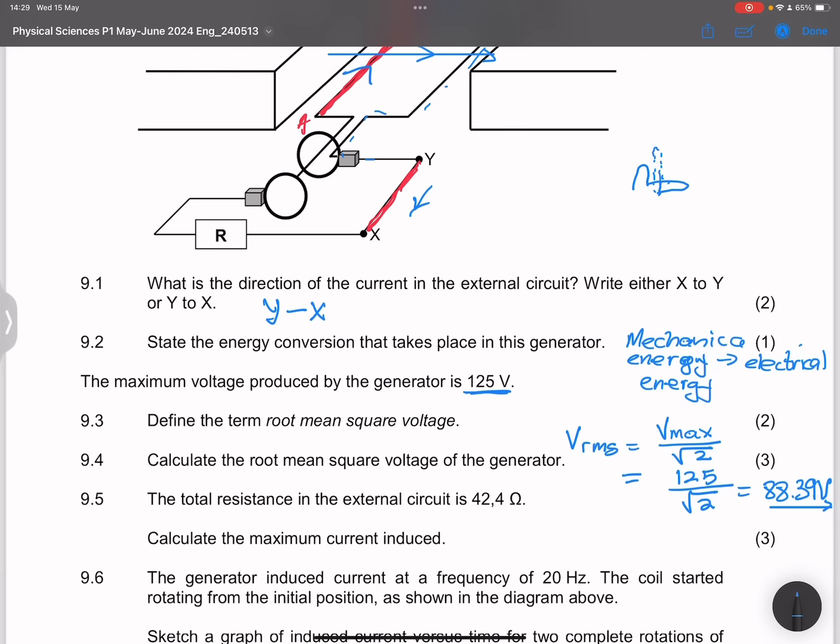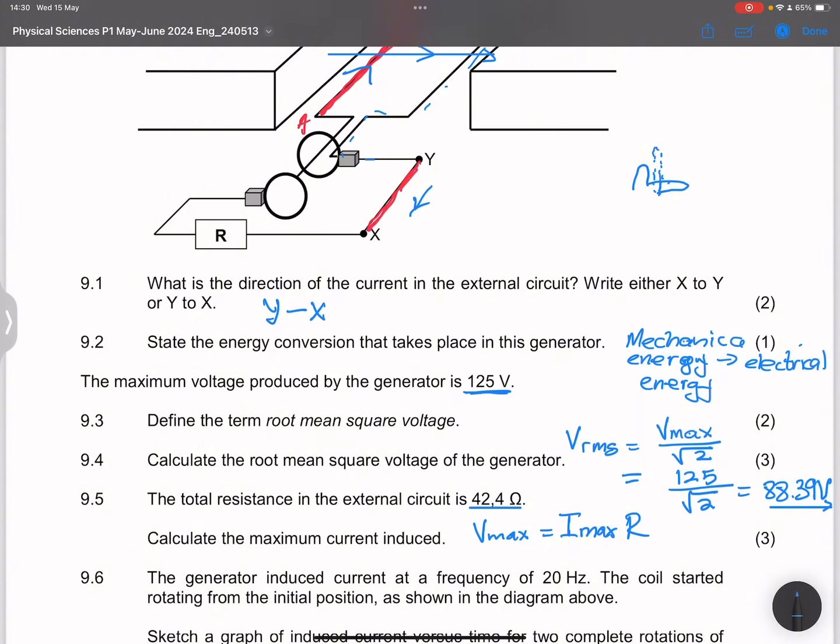The next question says the total resistance in the external circuit is 42.4 ohms, and they want us to calculate the maximum current induced. Remember, when we want maximum current, we need to use maximum voltage. So we use Ohm's law: Vmax equals Imax times R. We are looking for Imax.